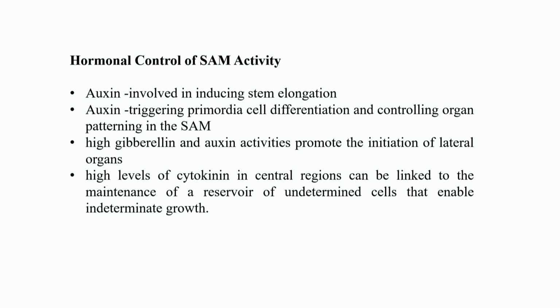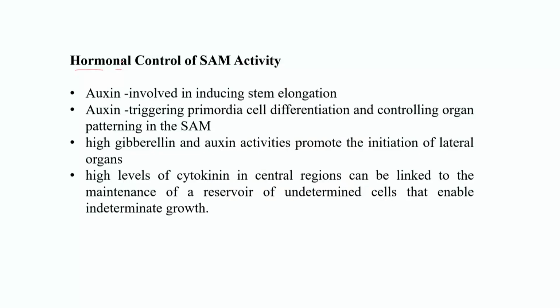Now, the shoot apical meristem and the cells which are present in it are controlled by various genes and various hormones. There are some genes which are responsible to control the fate of these stem cells, as well as different hormones which regulate the fate of these stem cells, among which auxin is a very important hormone.